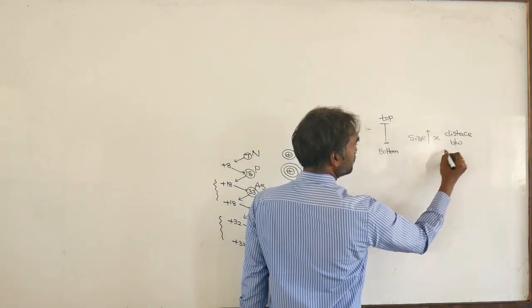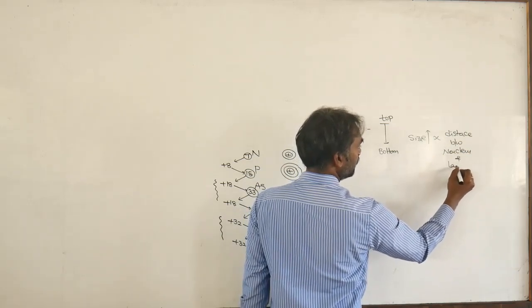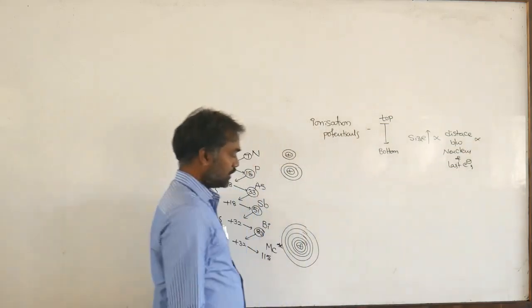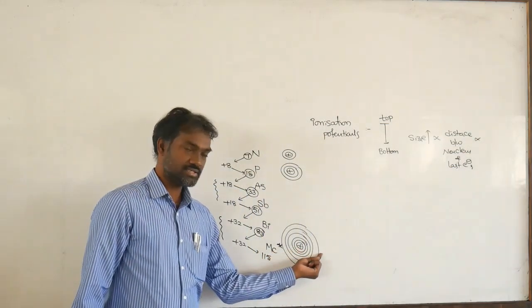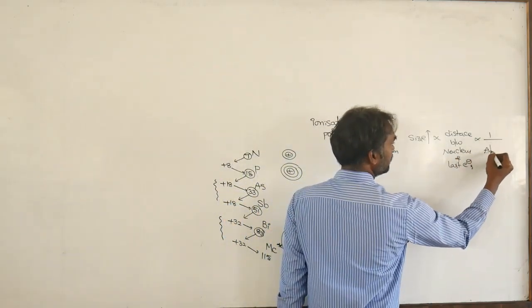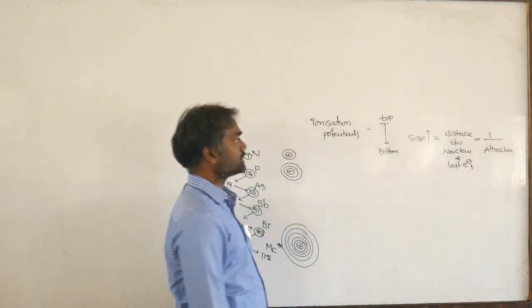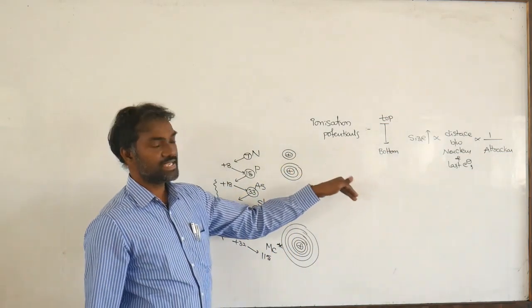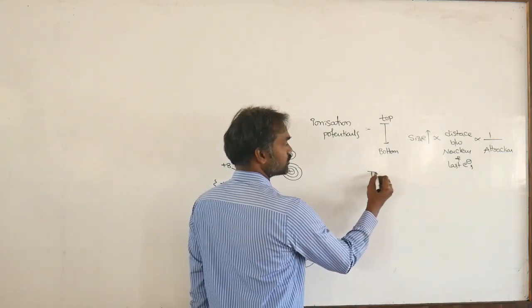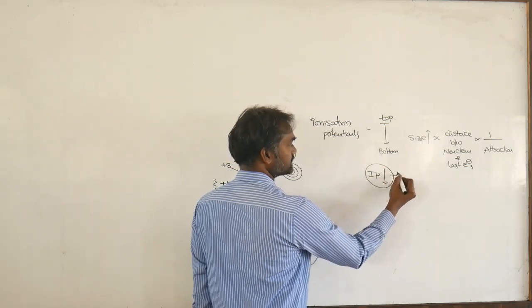So then what happens? Attraction decreases. So one by attraction. So then what happens? The electrons are easily coming outside. Electrons easily coming outside means ionization potential values gradually decrease.